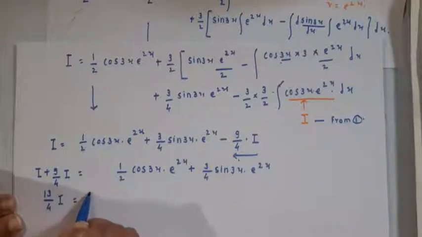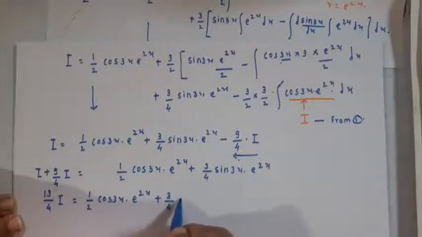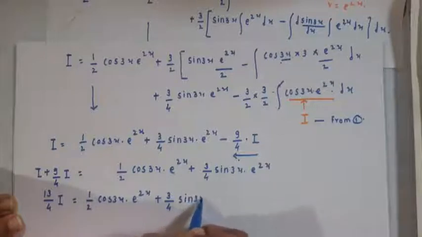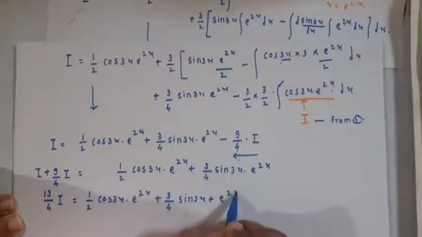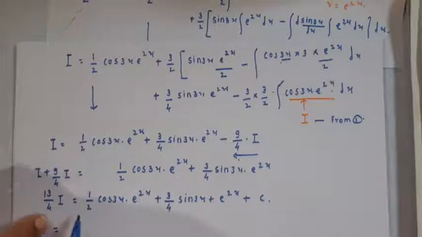This is equal to 1 by 2 cos of 3x e raised to 2x plus 3 by 4 sin of 3x into e raised to 2x plus constant of integration c. Now shift the term to that side, that will be multiplied by 4 by 13.